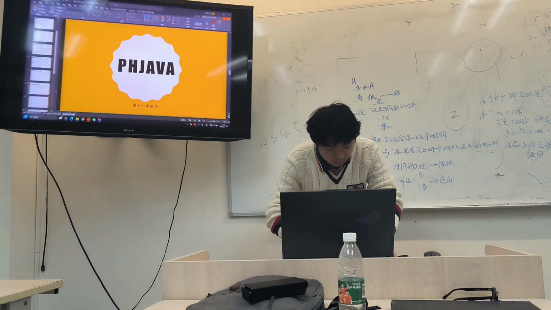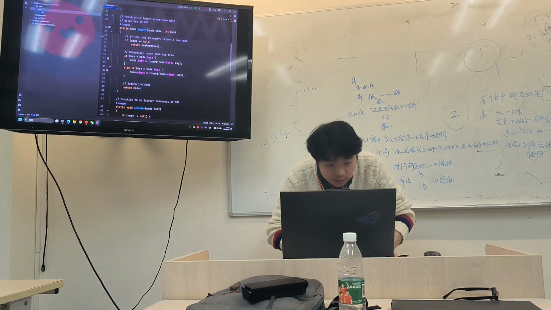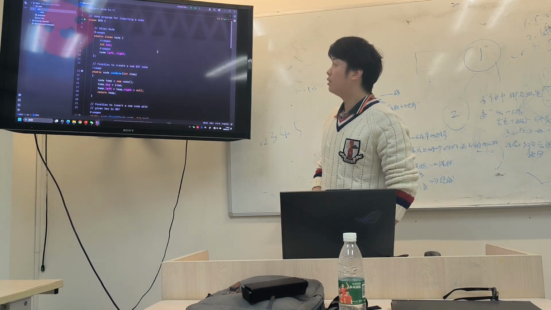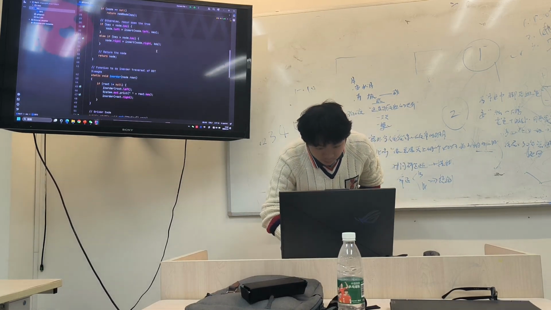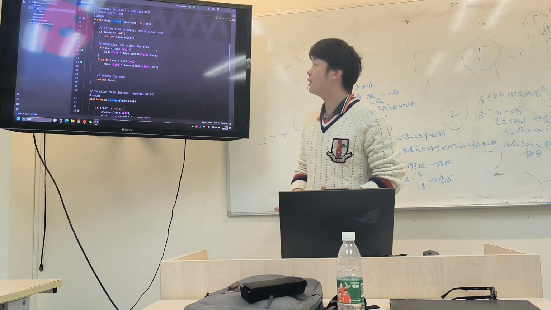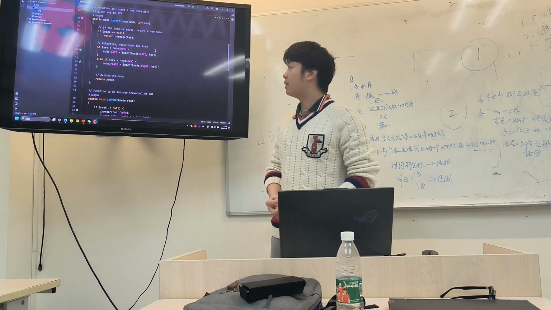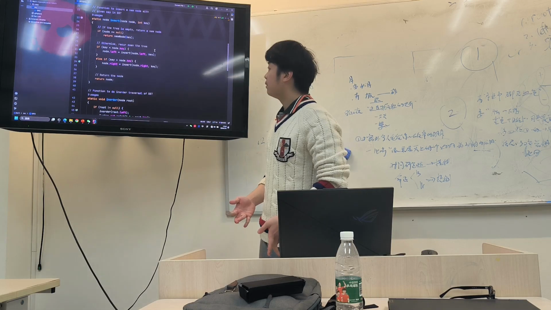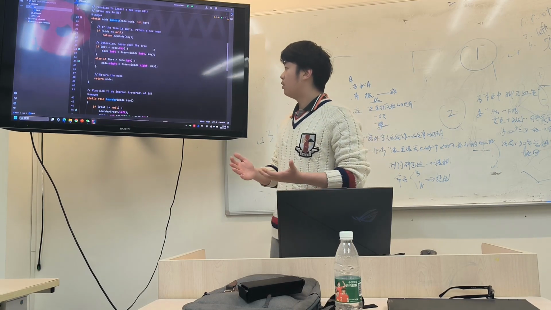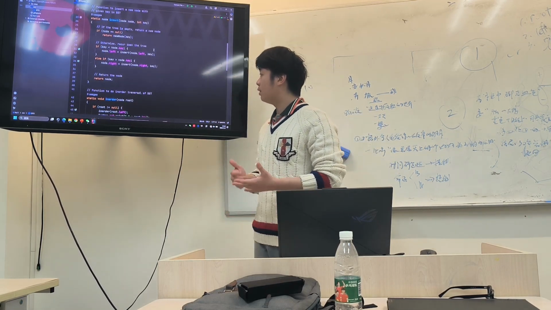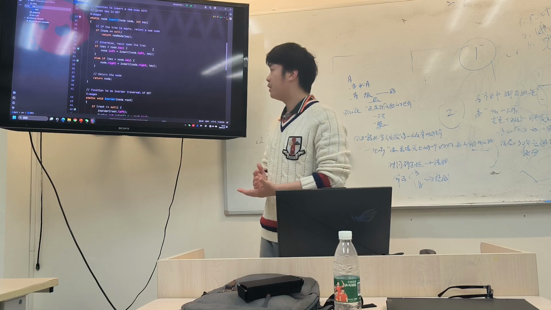I can show you some code for searching a BST. Here is a class which implements a BST, and you can first look at the method to insert a node into the BST. You can see here that if the key is less than the node, then you will insert it on the left of it, and if it is greater than the current node, which is the parent, you will insert it and let it be the right child of this node.